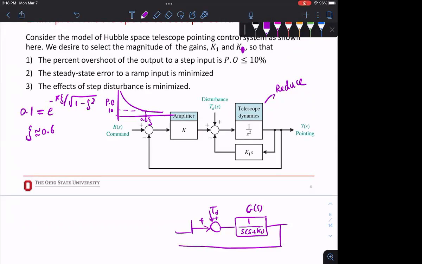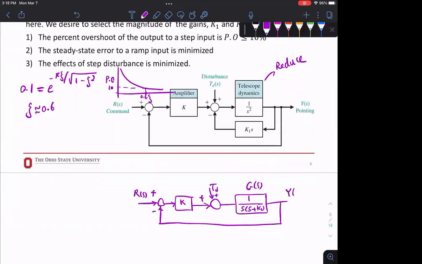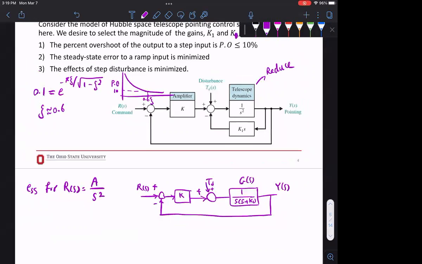Then feedback, I have K, which is my controller, an amplifier here, negative, positive, R of S. For the first part, I want to know what the steady state error is for R of S equal to A over S squared, right? We need to find that. First find the transfer function, second, write that equation, and you should be fine.